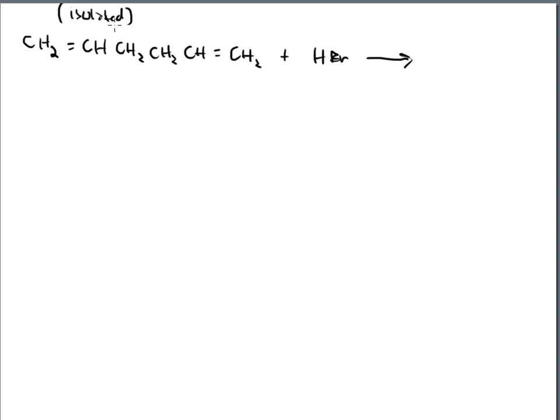So with this particular molecule, we are reacting this diene with HBr. Okay, not a problem, right? I have a double bond, and I'm just going to redraw the starting reagent, CH2, CH2, CH, double bond, CH2.